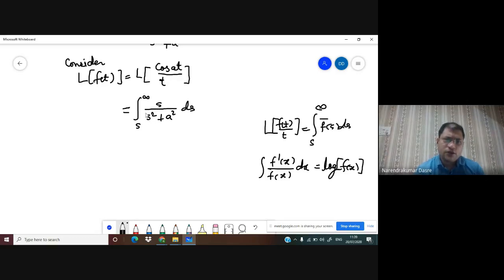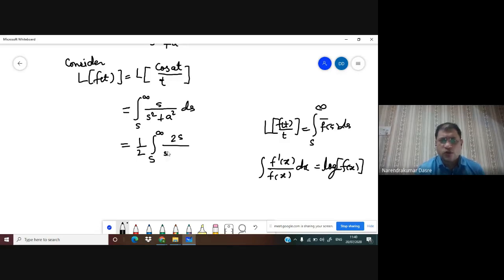So here in the denominator we have s square plus a square, and in the numerator we have s. The derivative of s square is 2s, and hence we have to adjust a 2 here. So 2 is a scalar. How are we able to adjust? Multiplying by half, and then multiplying by 2 in the numerator.